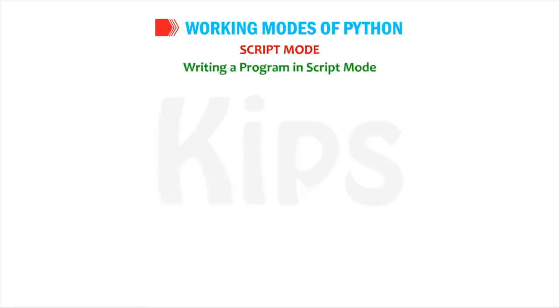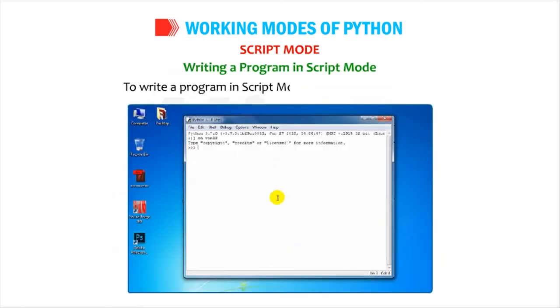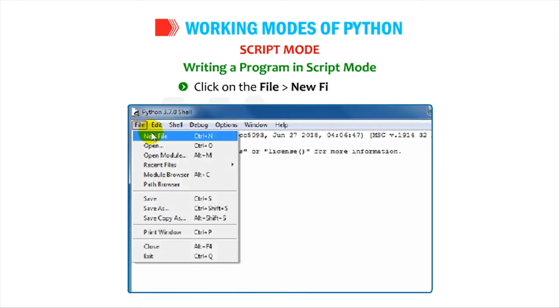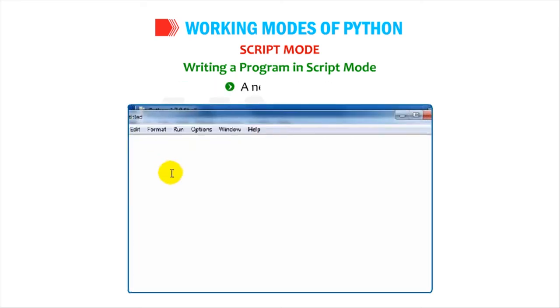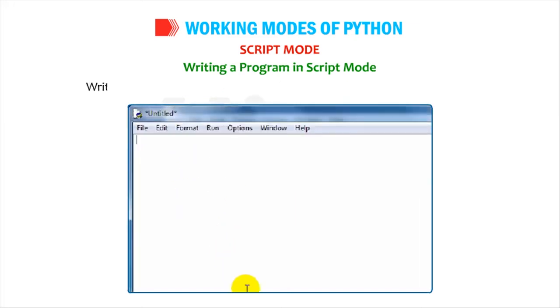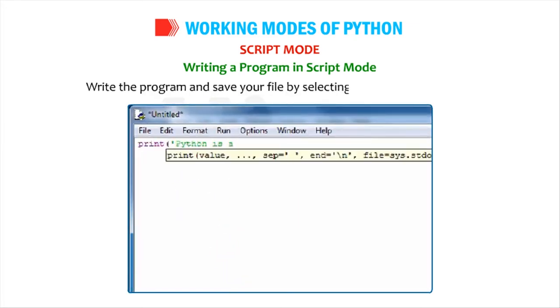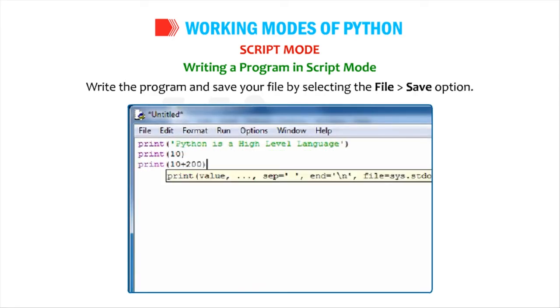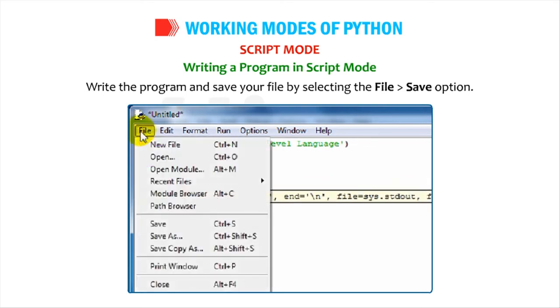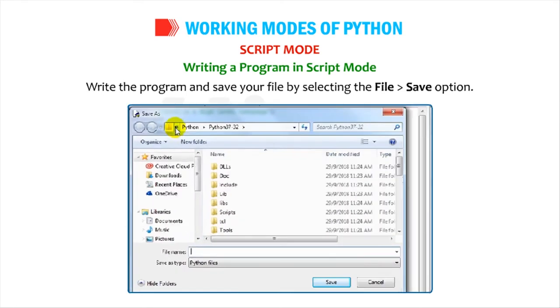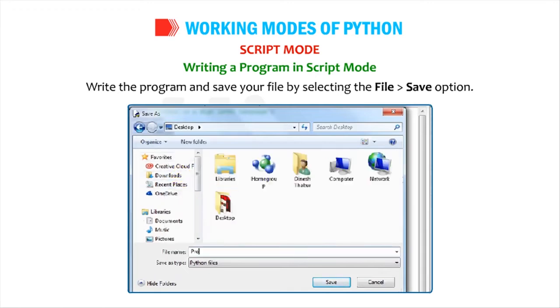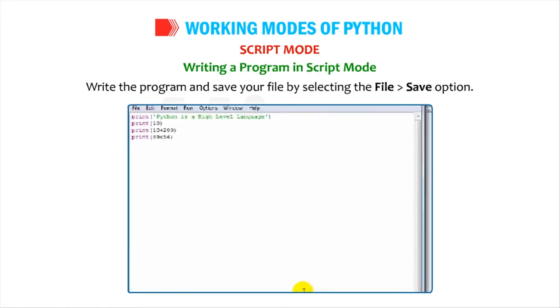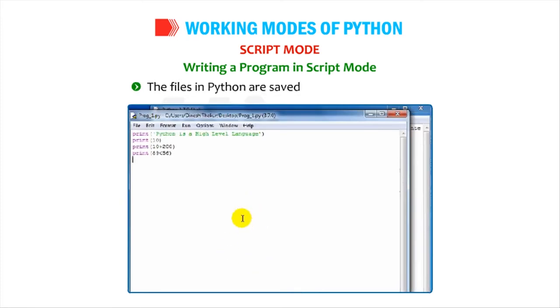Writing a program in script mode. To write a program in script mode, follow the given steps. Click on File, then go to the New File option. A new file opens. Write the program and save your file by selecting File, then go to the Save option. The files in Python are saved with the extension .py.